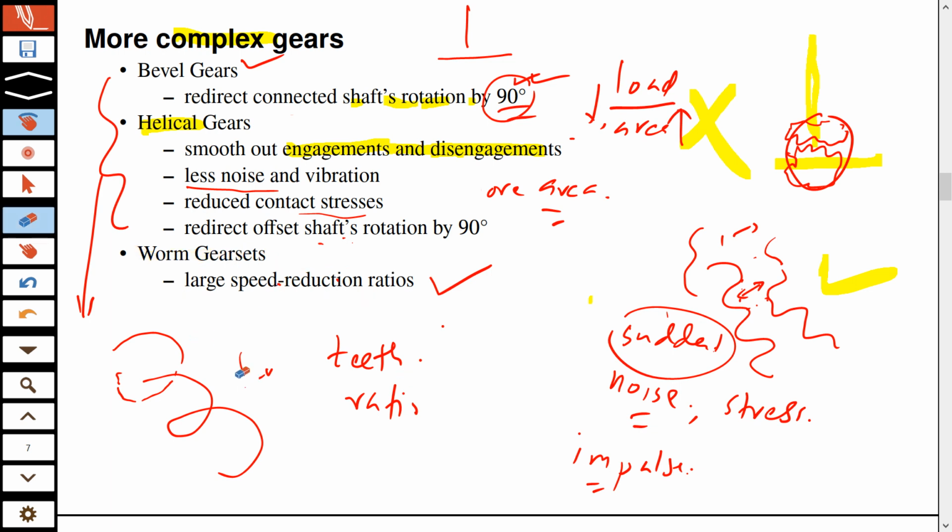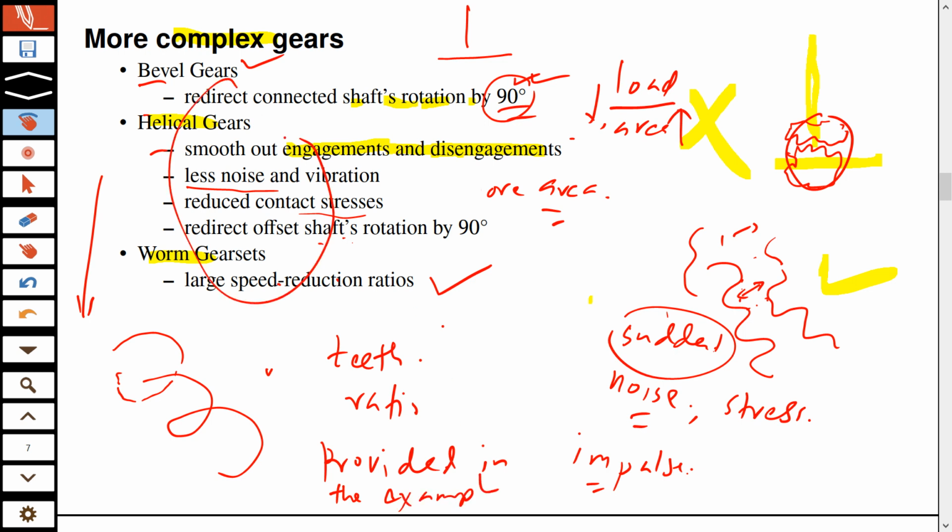So for us, we will see these names like bevel gears, helical gears, worm gears, and because we are not into detail, for each problem or example we are studying which uses these gears, enough details will be provided in the example, which means that you don't need to memorize all this detail even if you forget it, okay? Whatever is required in the example will be given to you as a comment.